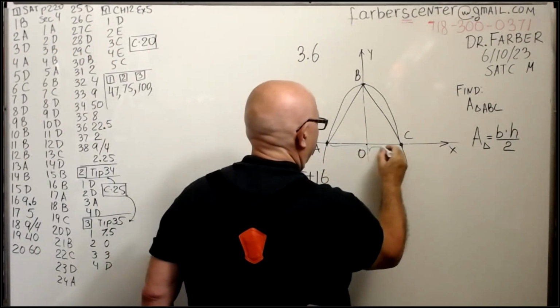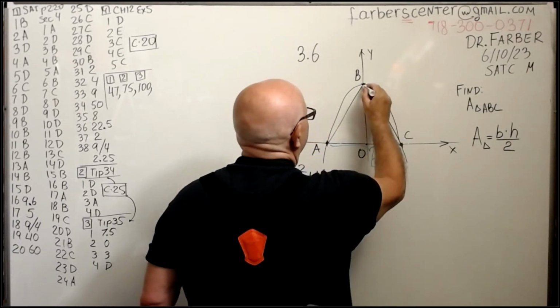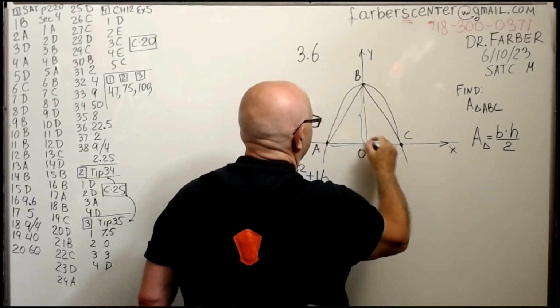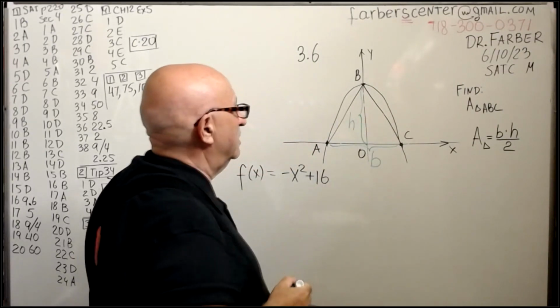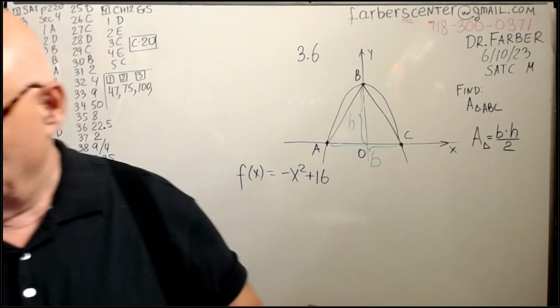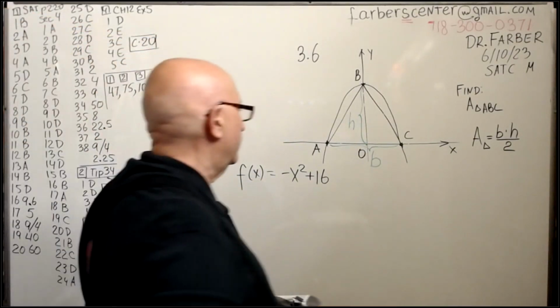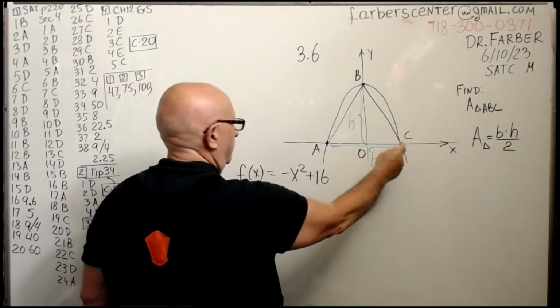Always look for the target. This is base. And this is my height. If I knew base and height, I just multiply them and divide by 2. But unfortunately, B is not given.